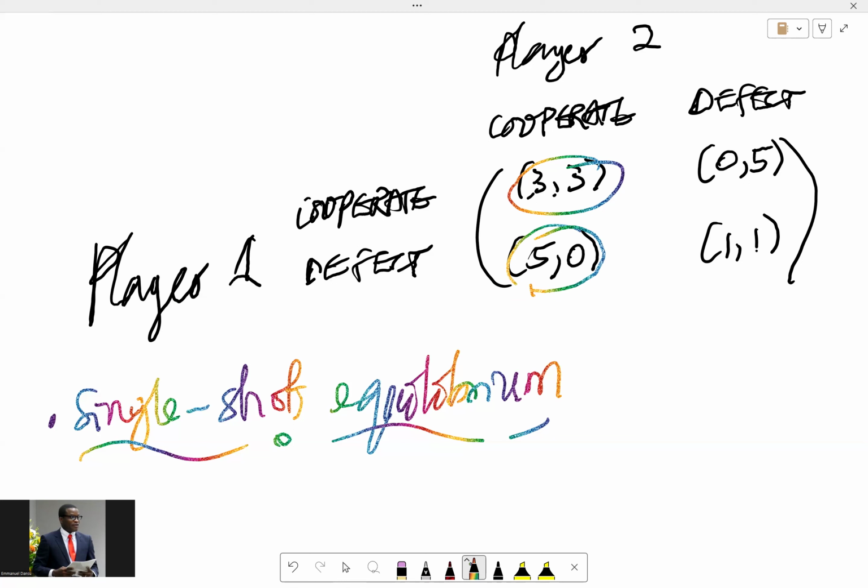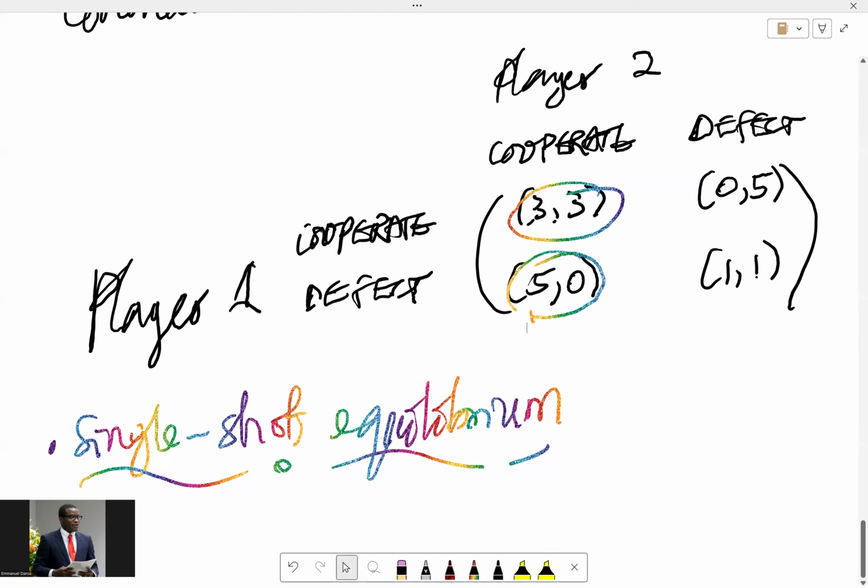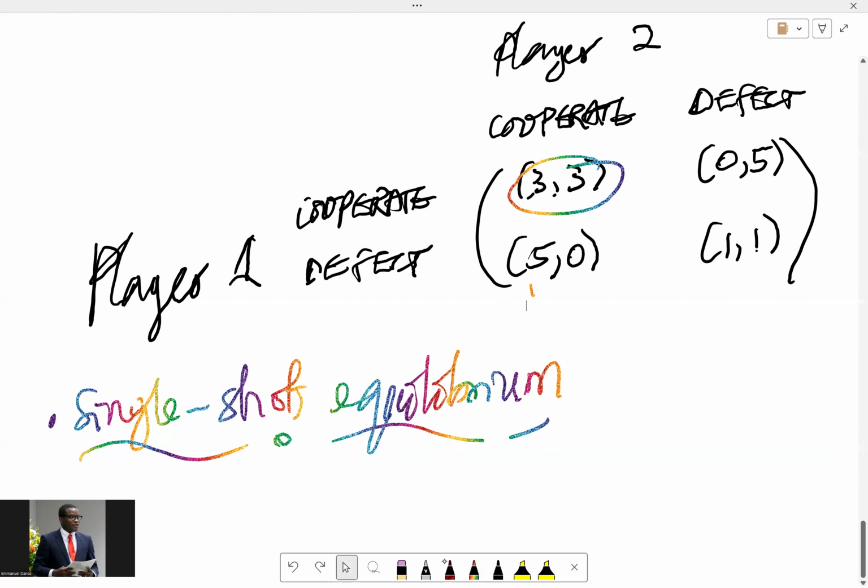On the other hand, if you now look at player two, whatever player two does, if player one cooperates, then we see that player two does the same.